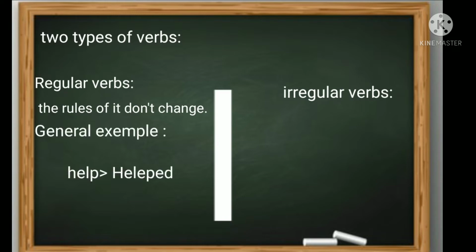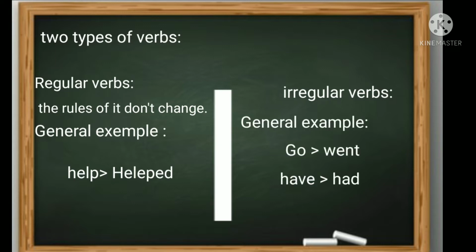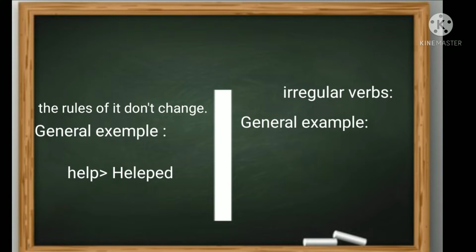For example, we have the verb help, which will be helped in the past simple. We add the ed in the end. And about the irregular verbs, for example, we have the verb go, which will change to went, and we will talk about it. And we have the verb have, which will change to had.